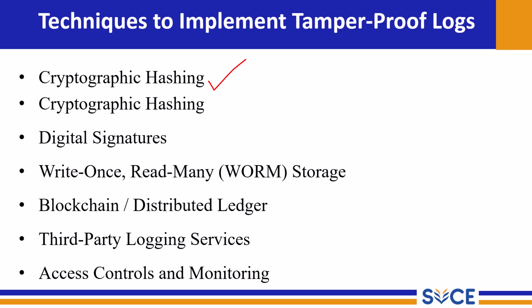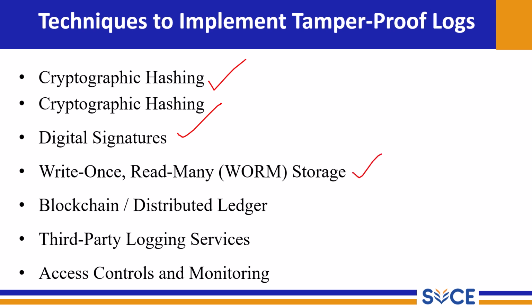Then followed by the digital signature. With digital signatures, the logs are signed using the private key, so verification is possible using the corresponding public key, and you ensure the authenticity as well as the integrity.